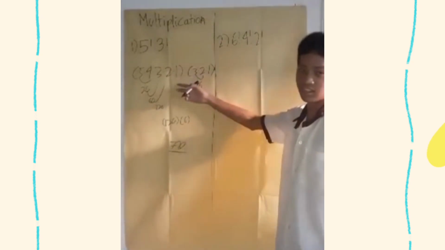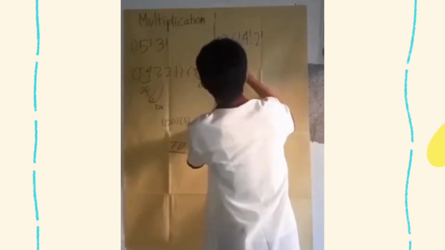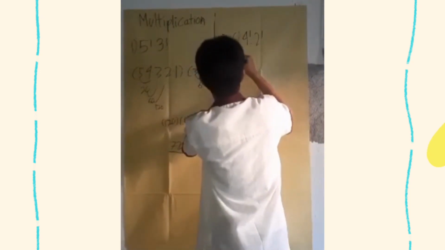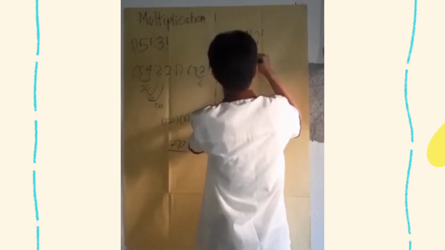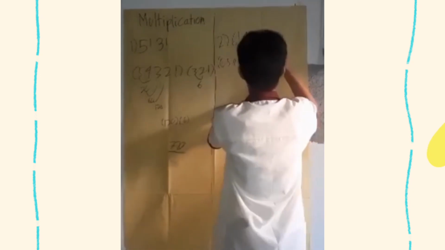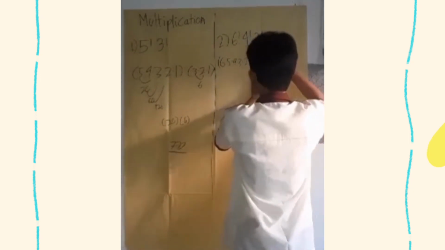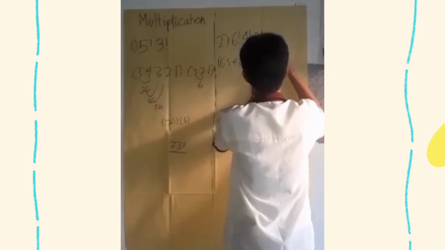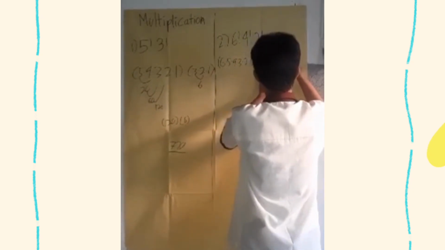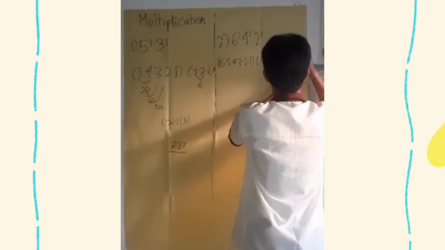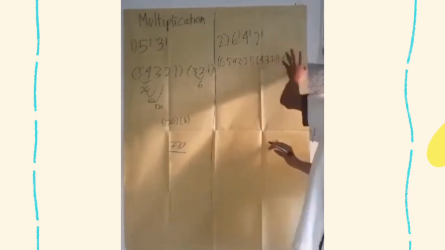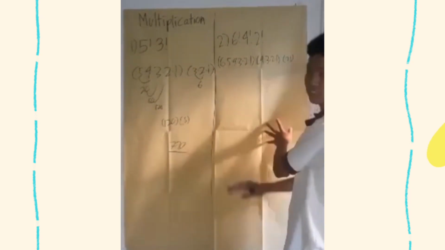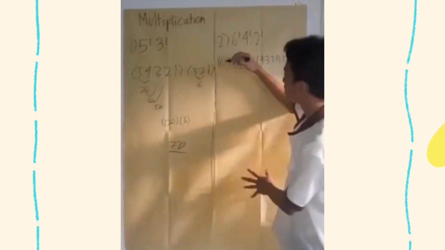Katulad lang nito, i-expand natin. 6 times 5 times 4 times 3 times 2 times 1. 4 factorial rin, i-expand natin: 4, 3, 2, 1. Pati na rin ang 2.